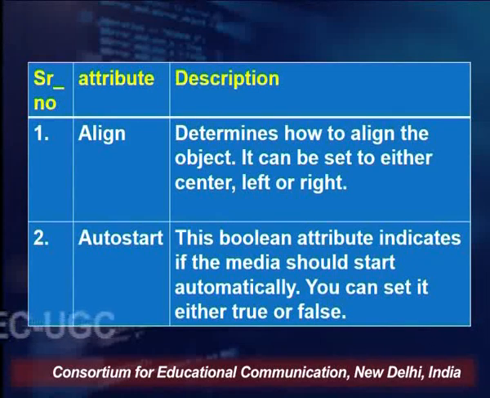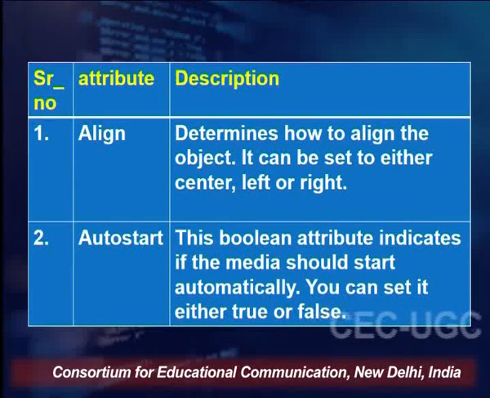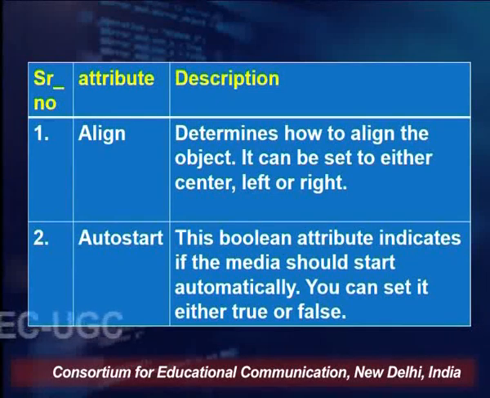You can understand this align attribute with the help of the align we used in img src. We used img src with align equals center, so that the image is aligned within the center of the web page, or left or right, whatever the value of the align attribute is. Similarly, align here determines how to align that particular control object.